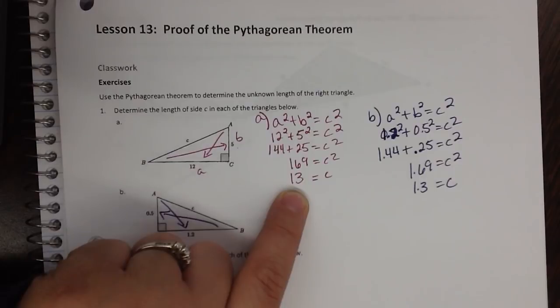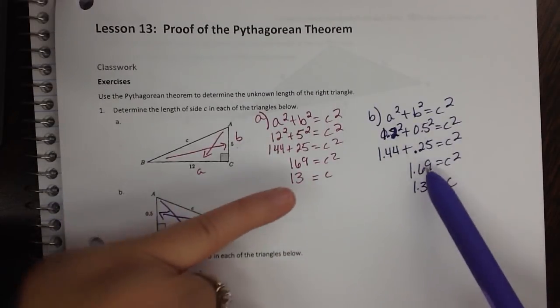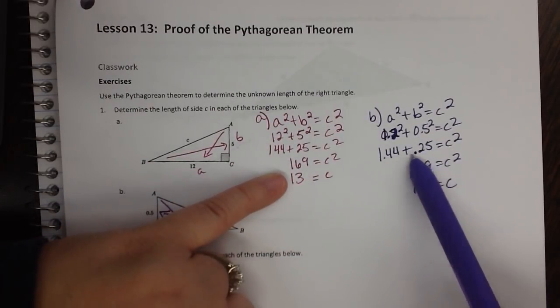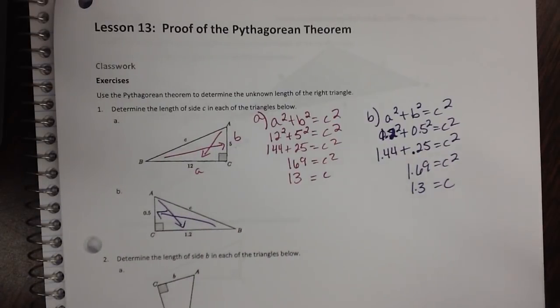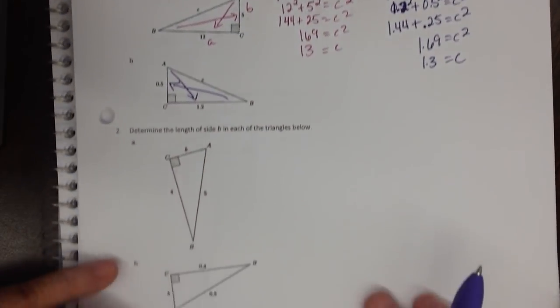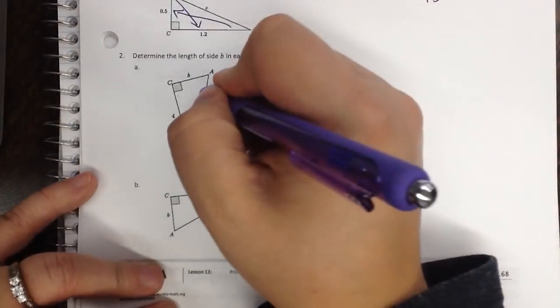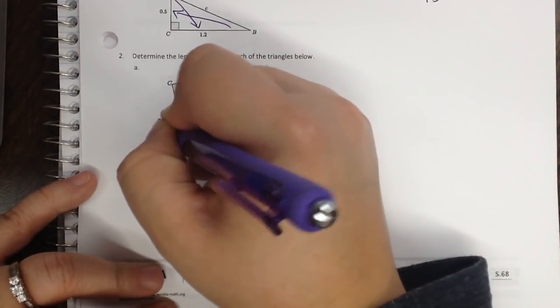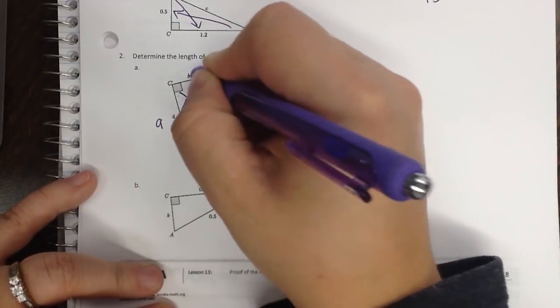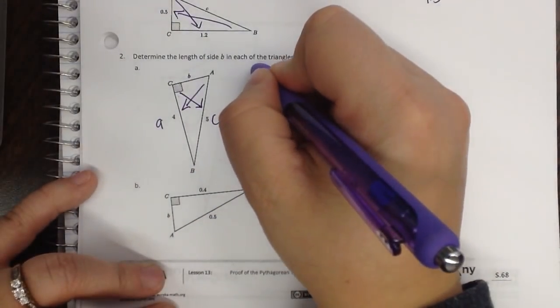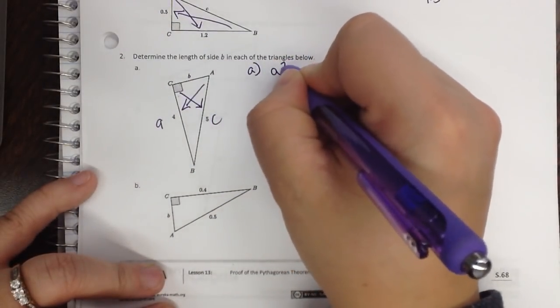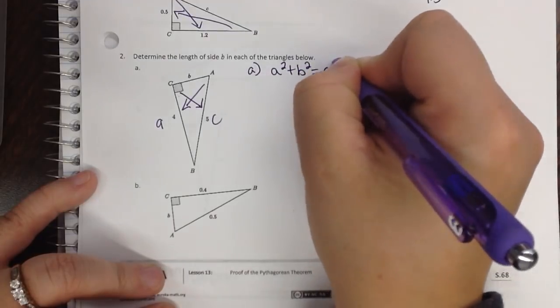Okay, so you can kind of see how a decimal in there changes how you play with it. We're going to do the same thing down here on number 2. We get A, C, and we're solving for B. So A squared plus B squared equals C squared.